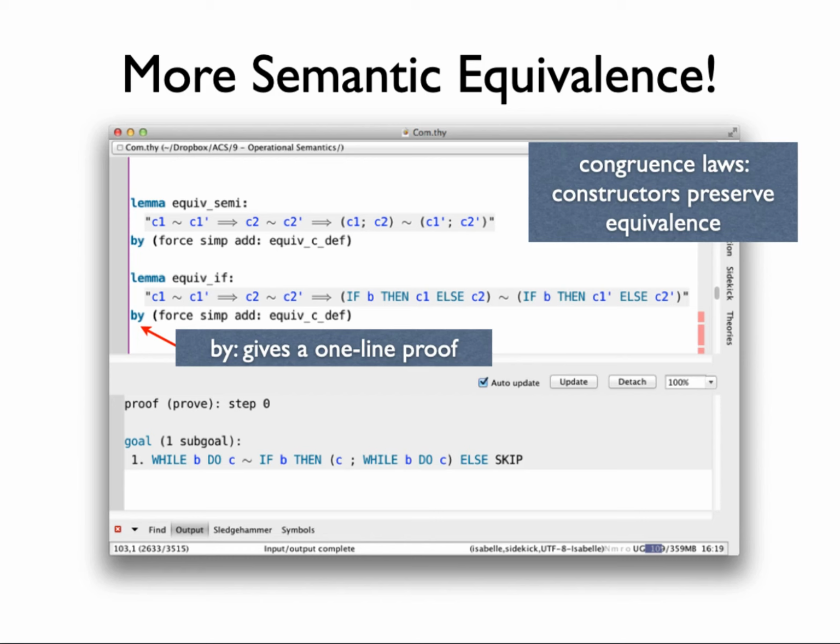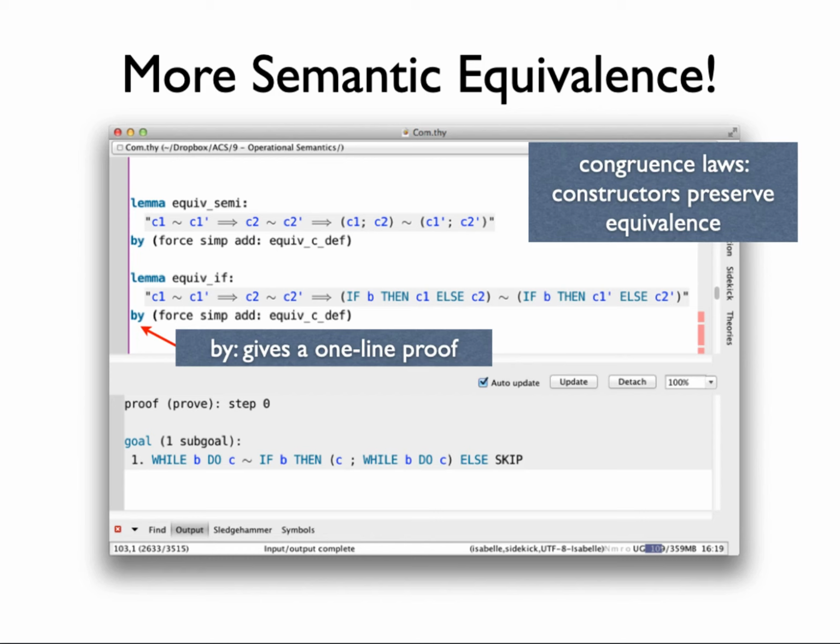The second example is kind of the same idea. I've got two pairs of commands that are equivalent. I want to show that if I build an if-then-else using the first of those commands, C1 and C2, it's the same as an if-then-else built with C1 prime and C2 prime. Again, it's trivial.